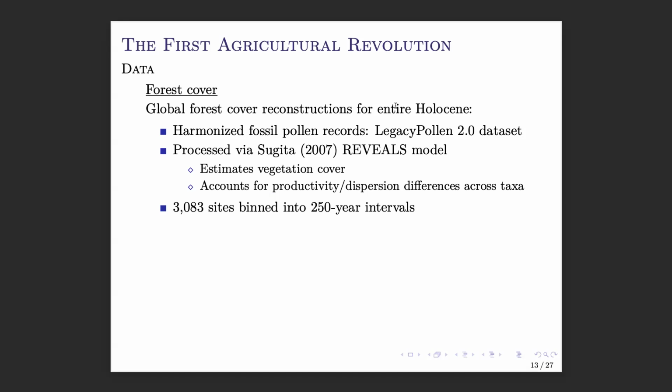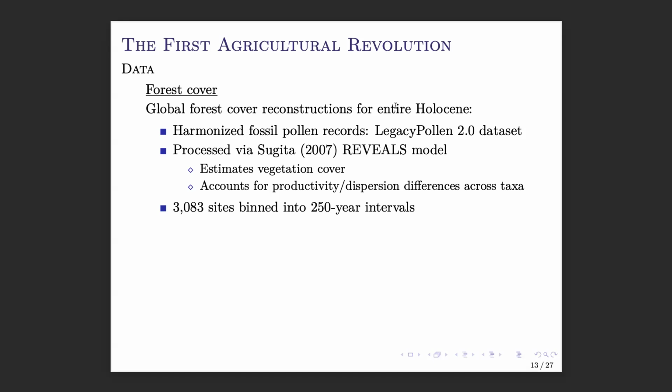So basically, you're going from fossil pollen records found in bogs and lakes that can be dated, and using what we know about dispersion patterns and rates and productivity rates for various taxa, to construct estimates of forest cover.